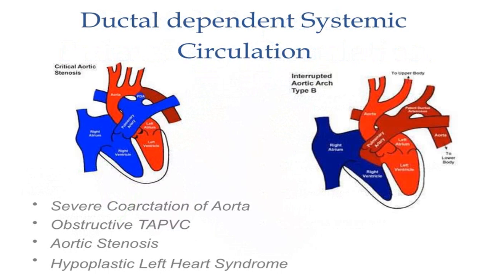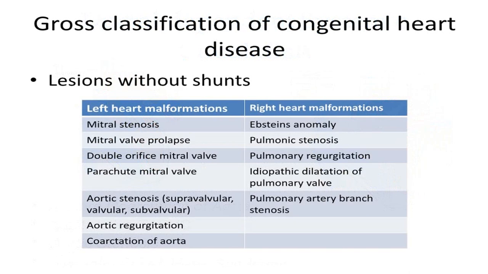So duct dependent systemic circulation you will come across in severe coarctation of aorta, obstructive transposition, total anomalous pulmonary venous drainage, tight aortic stenosis, and hypoplastic left heart. In that case, blood will flow from pulmonary into systemic. So that is another way you can put them into two different groups.